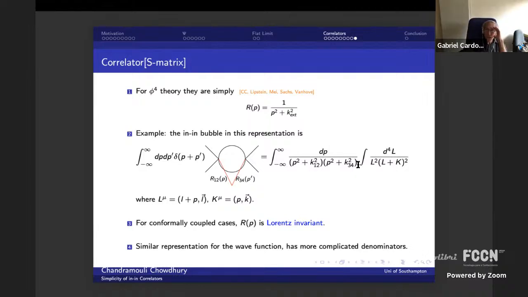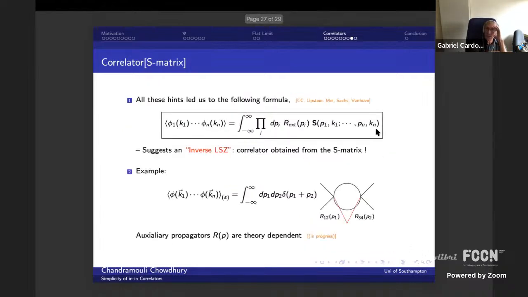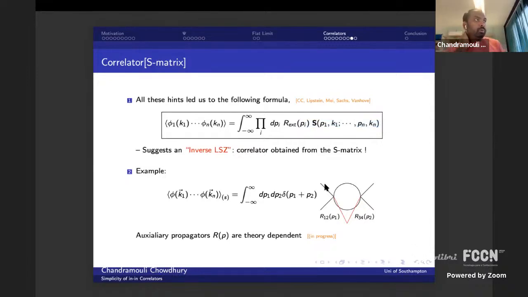So that statement is now more or less at the level of a theorem, right? The formula which you showed on the previous slide, I can view it as a theorem. Yeah, good. So we have a proof of this formula. In this paper from December with this set of authors, we proved it to two loops for conformally coupled scalars, where we even checked that the theory, phi^4 theory, was renormalizable in de Sitter.